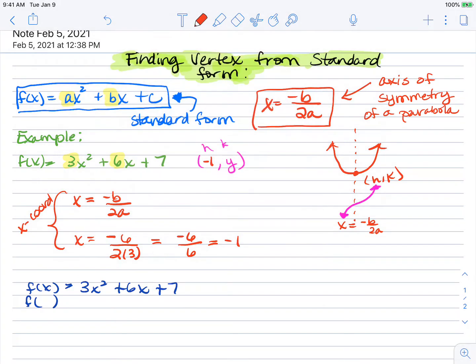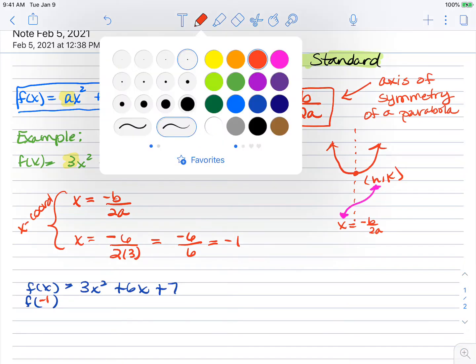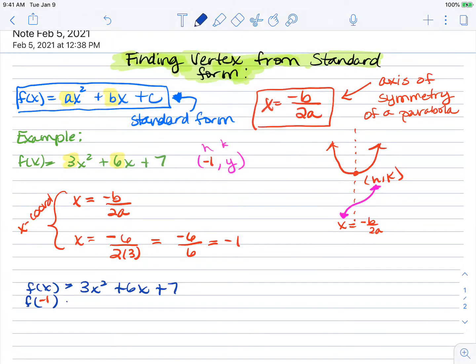The notation one would use is f of negative 1. Sometimes you'll see it, sometimes you won't, but I'm going to do it just because it's a polite way to write this down. I'm going to put parentheses in for all of the x's that I need to replace with negative 1, and write my negative 1 in for those x values because I'm evaluating at negative 1.